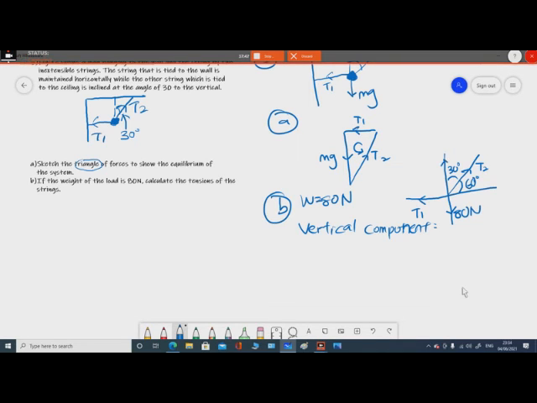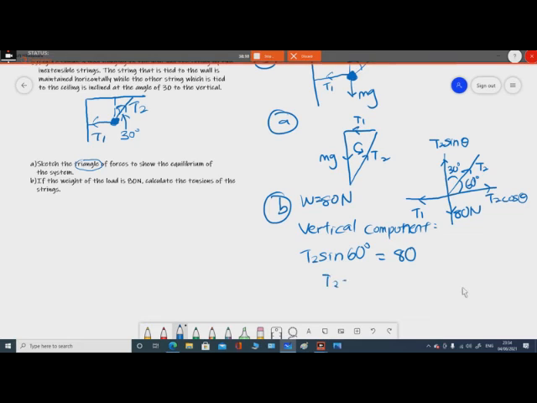This T2 can be resolved into two components. This one is T sine theta, and this one will be T2 cos theta. In terms of the vertical component, we have T2 sine 60, which is equal to 80 Newton in the equilibrium condition.